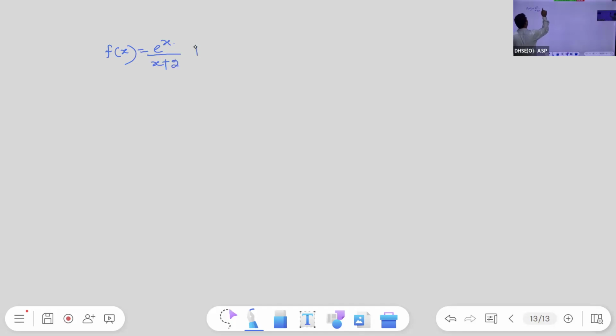Find greatest and least value. Find the greatest and least value of the function.